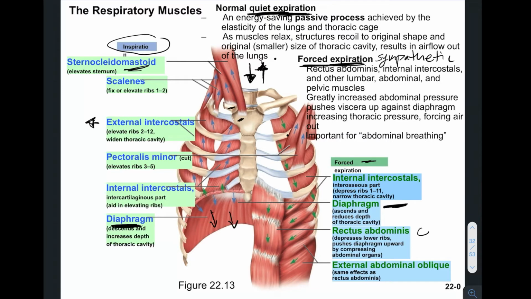Your rectus abdominis, your abdominal musculature, will start working harder from the abdominal cavity to push on the thoracic cavity to force that air out. So at rest, it's quiet, normal breathing, but during a fight or flight sympathetic episode, it'll be forced expiration.